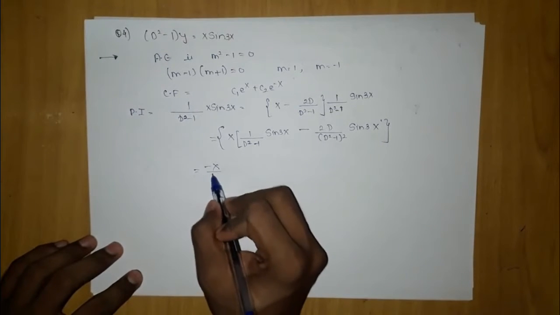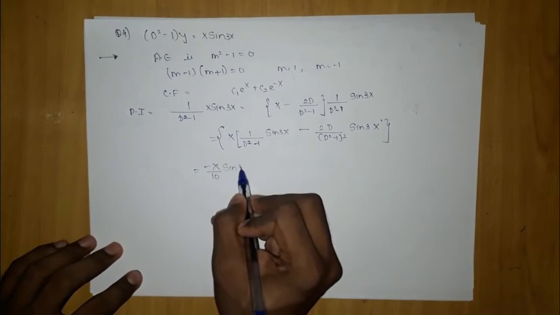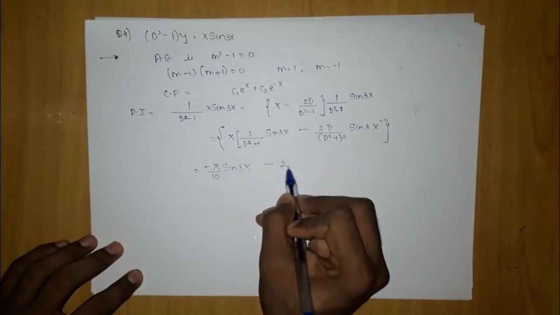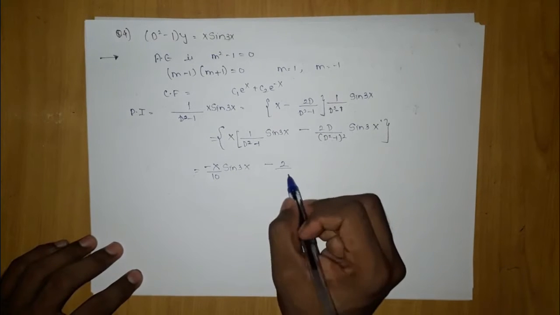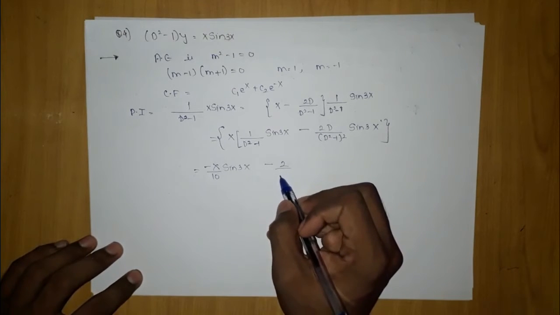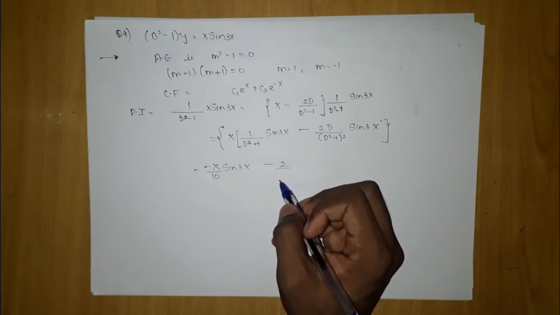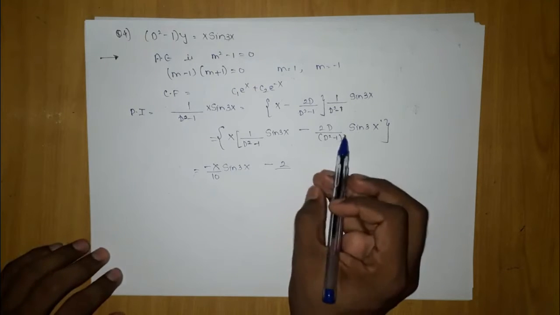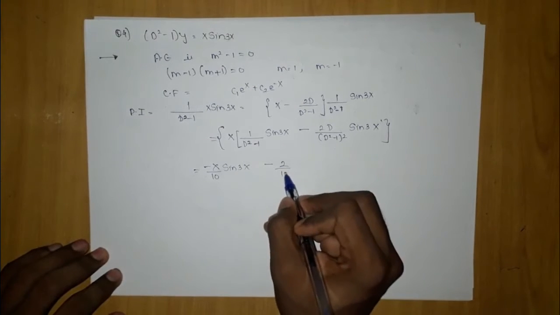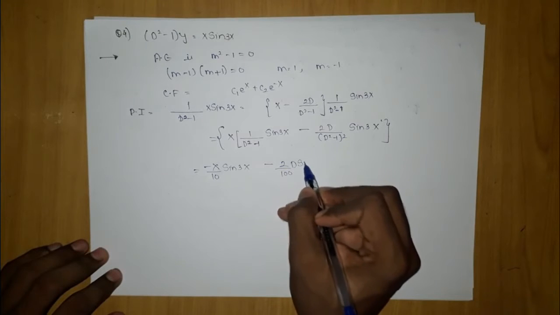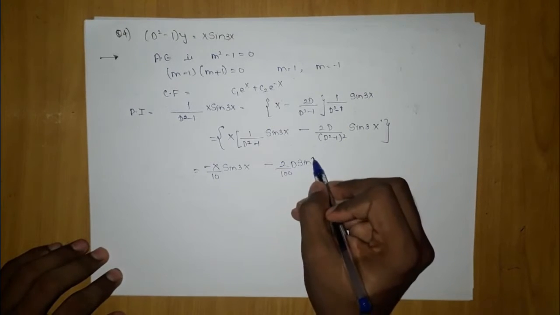So minus x by 10 sine 3x will be my answer, and here it will be 2 by minus 9 minus 10 square, which is 100, so minus 9 minus 10 squared, 100, into d sine 3x.